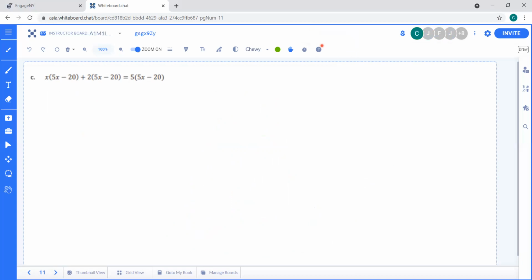Okay. Now, don't let this one scare you. We're going to set it equal to 0, which just means to move this over here by subtracting, right? So that leaves me, I'm just rewriting this first part, minus, because we're moving it to the other side.